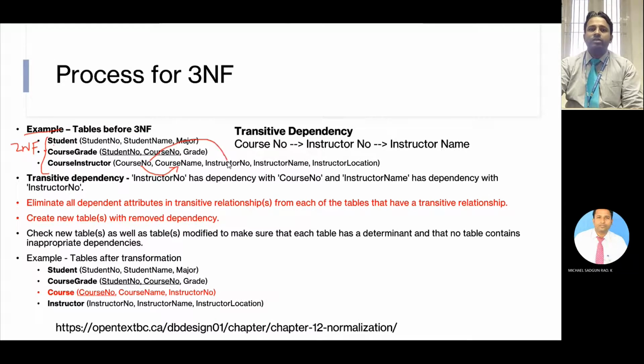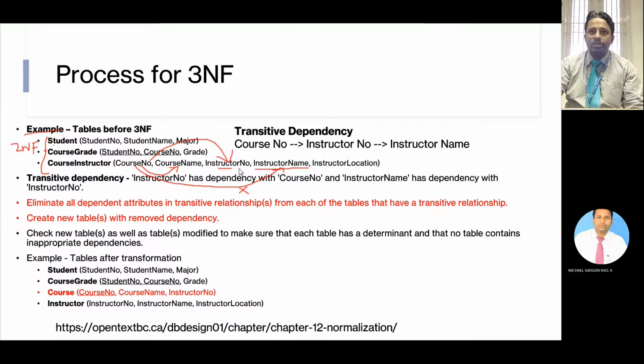Again, course number should determine instructor number, and the instructor number determines instructor name, but instructor name can be determined by using the instructor number, with no need of course number. Without the use of course number, you can identify the instructor name.